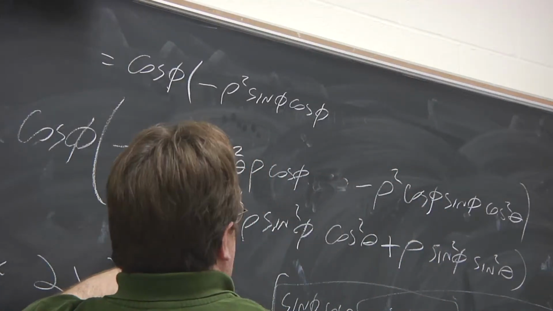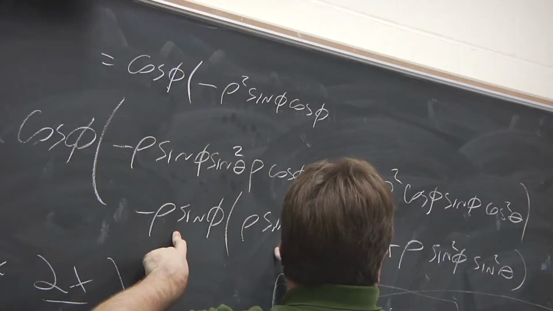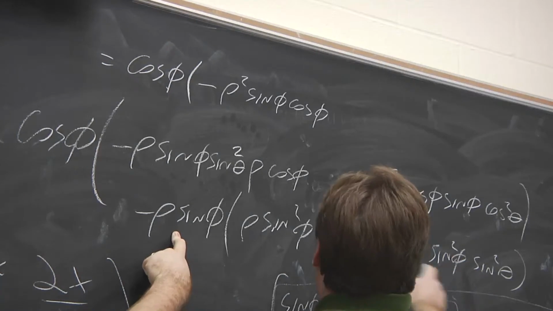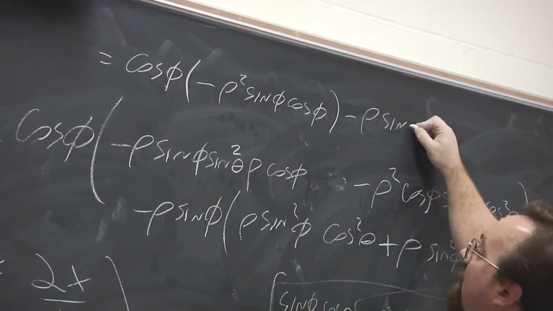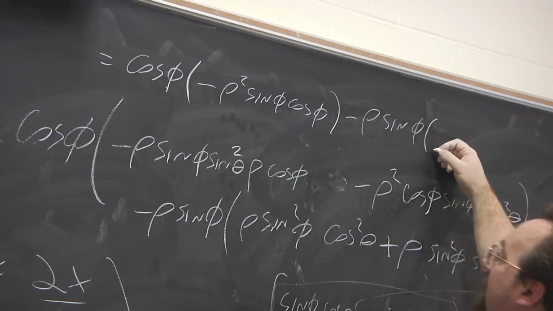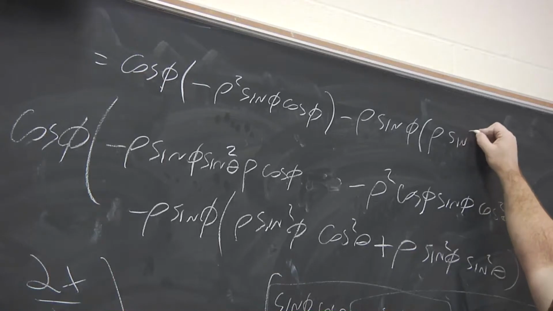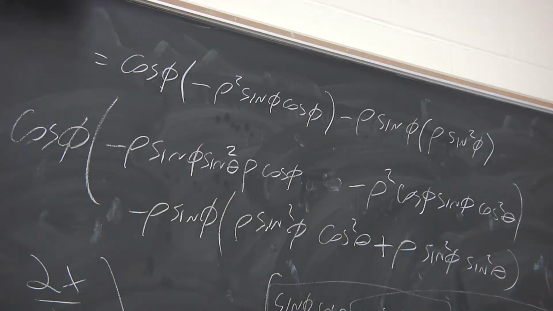And then down here we have sine squared phi in both. We have cosine squared and sine squared theta, and everything else is the same. So now we're going to have minus rho sine phi times rho sine squared phi.